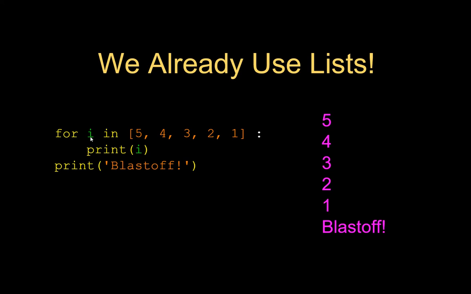In the first iteration I is going to be 5, then 4, then 3, 2, and 1. For each iteration we have a print I command, and after this block of the for loop is completed, we go to the next line, which is print blast off. So the output of this would be 5, 4, 3, 2, 1, and blast off.